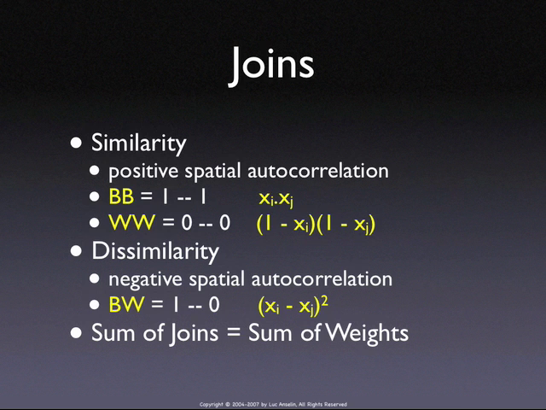Now this exhausts all the possibilities. There are 2 things here. One is we're only counting where Wij is non-zero, so we're only counting for the neighbors. And then what are we counting? We're counting ones. We're counting those situations where one of these expressions gives us a 1.